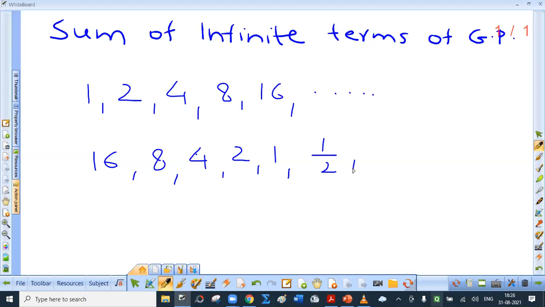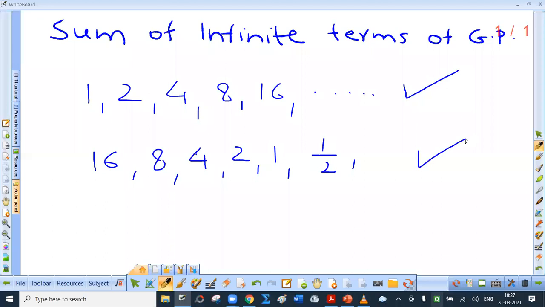Is that clear? And what is the criterion? See, the logic is very simple. For this GP, what is the common ratio? 2. So the sum to infinity is not defined because it is not approaching a certain real number. But in the second case, the common ratio is second upon first or third upon second.